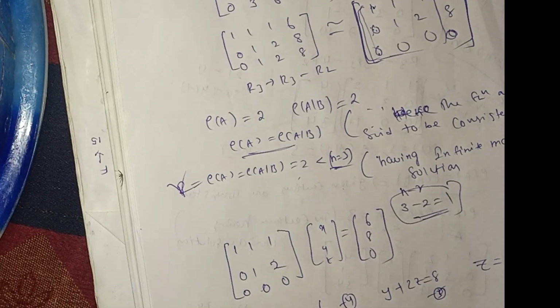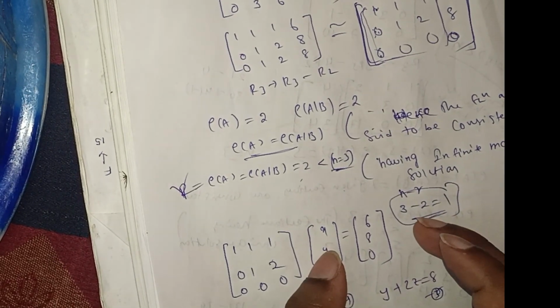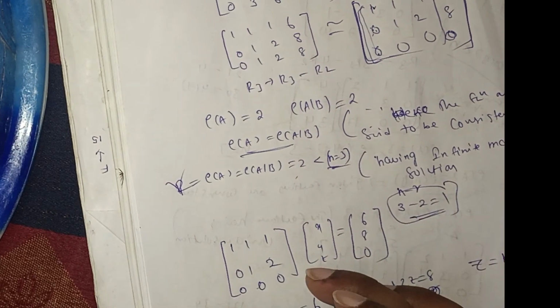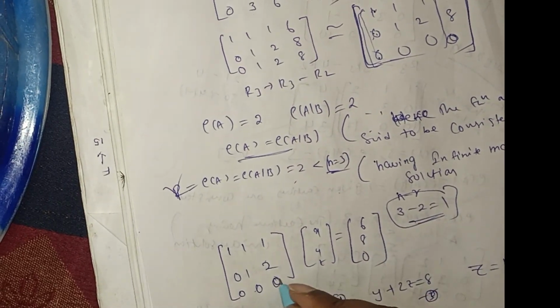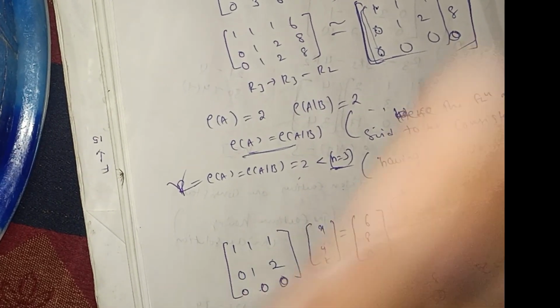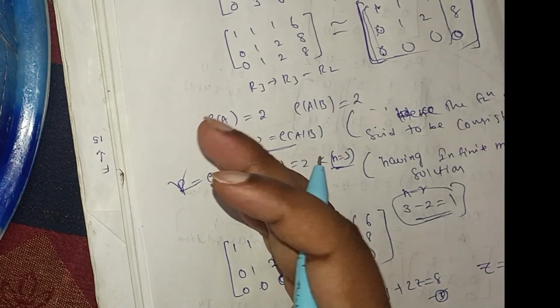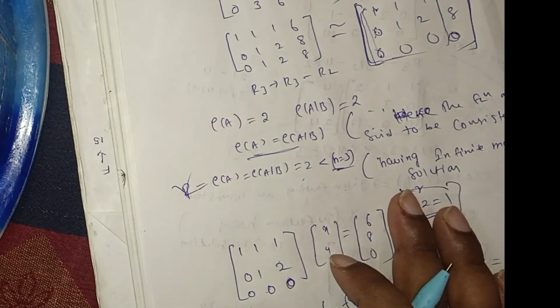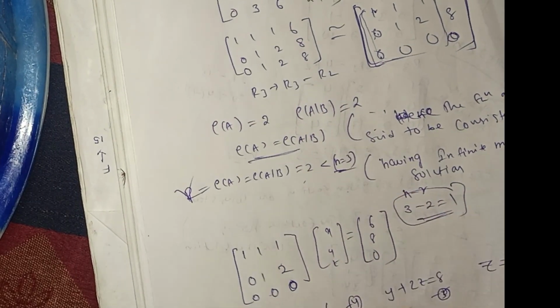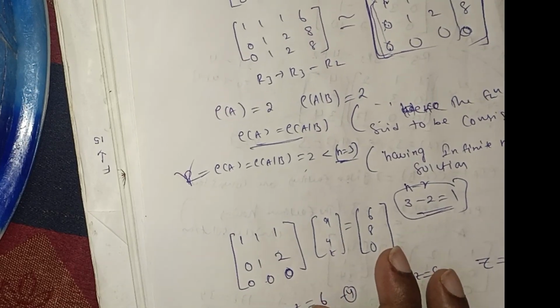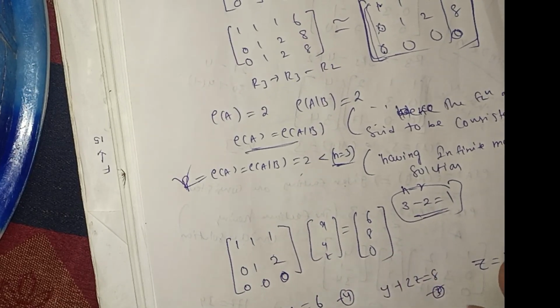In the homogeneous equation solving method, we got something into z equal to 0. Here, 0 into z equal to 0, so we consider z equal to k.